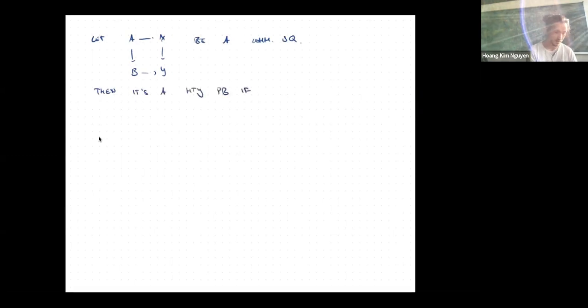So let's start with more recollections. Recall that if we have a commutative square, then it's a homotopy pullback if, whenever we factorize one of the maps into an anodyne followed by an isofibration, the following map is an equivalence.